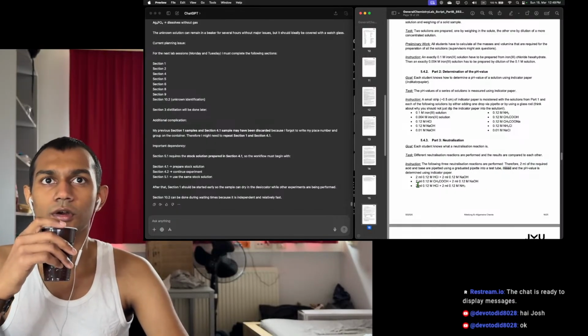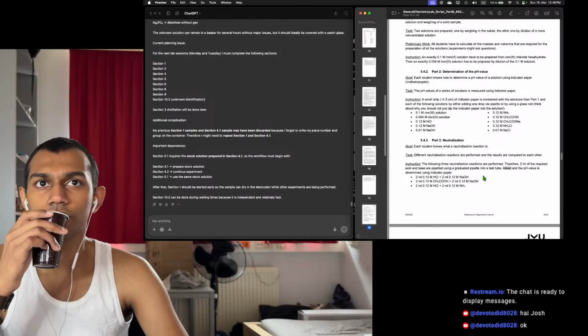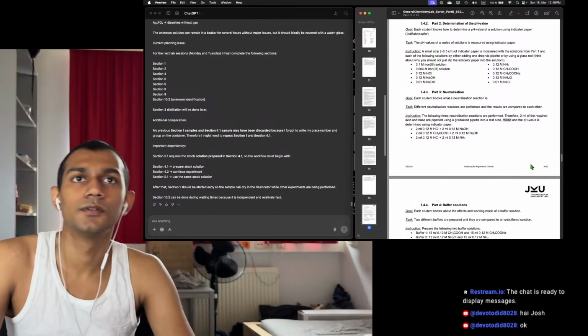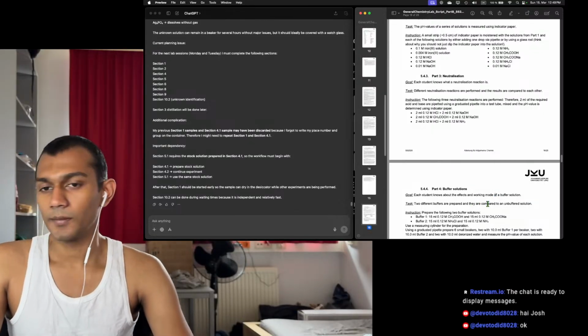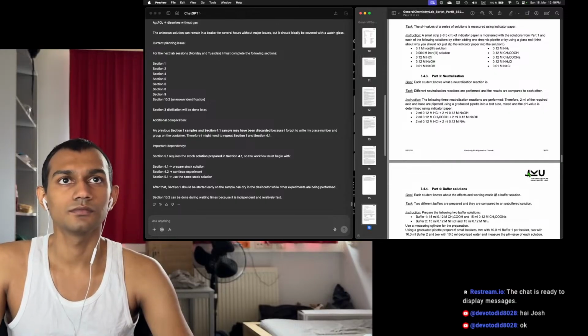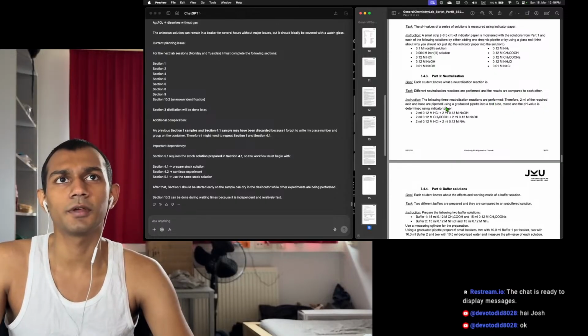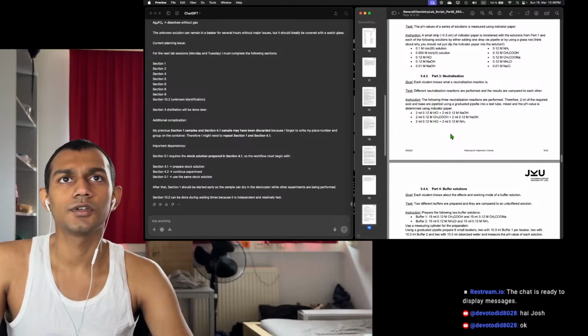Therefore, 2 milliliters of the required acid and base are pipetted using a graduated pipette into a test tube, mixed, and the pH value is determined using indicator paper. 2 milliliters, 2 milliliters.